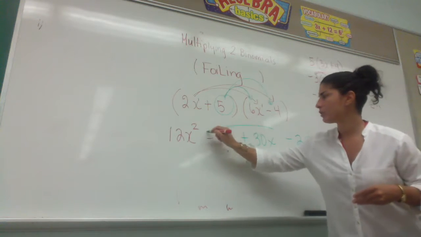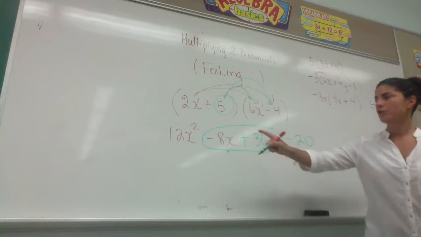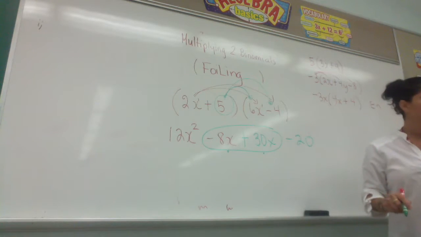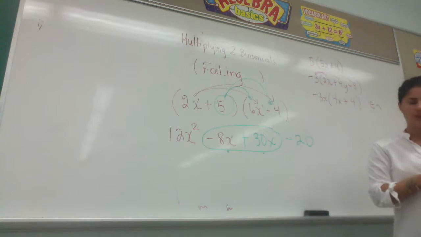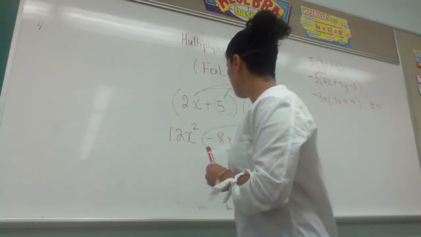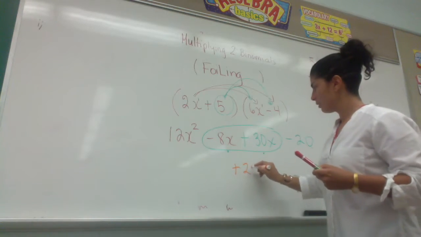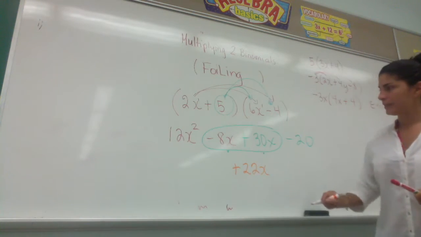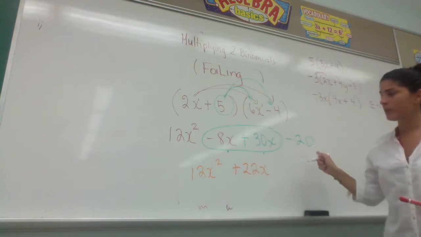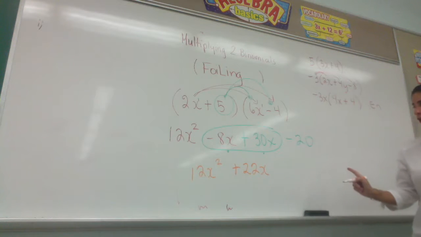So you take these two here, and you do -8 plus 30, which becomes positive 22. I'm going to use another color to identify it. So plus 22x is here. I have this 12x squared that nothing changes because it wasn't simplified and there were no like terms, and the minus 20.